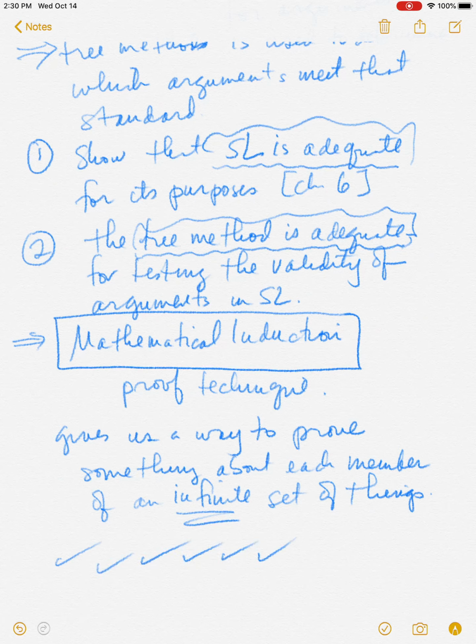Because there's not enough time. We're going to run out of time, right? Because our lives are not infinite. So we can't just run through and examine them all. So the way in which we prove that the members of an infinite collection of things all have the same property is by what's called mathematical induction.